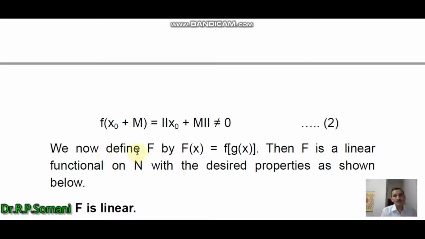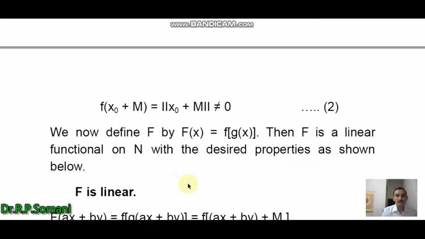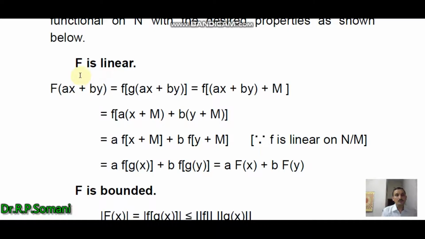We now define f by f(x) = f(G(x)). Here this is the composition of f and G. Then we will see that f is a linear functional on N with the desired property, as shown below. First we prove that f is linear. For this we consider f(ax + by), and by the definition of f this is equal to f(G(ax + by)), and by the definition of G we obtain f(ax + by + M).